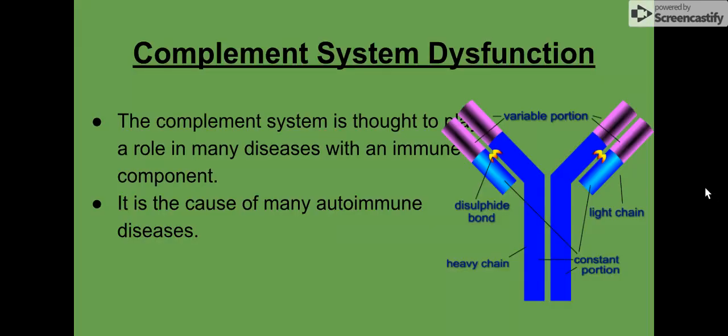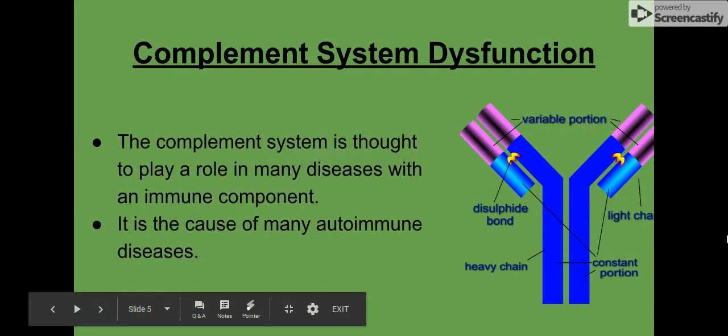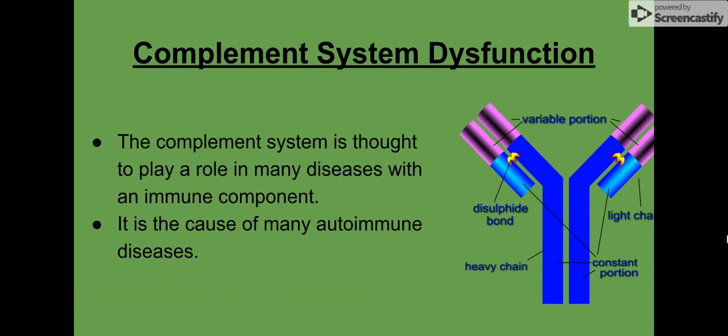The last thing we're going to look at is complement system dysfunction. The complement system is thought to play a role in many diseases with an immune component. It is the cause of many autoimmune diseases.